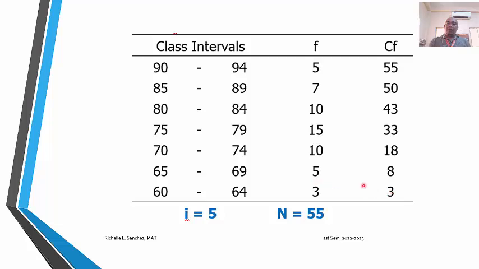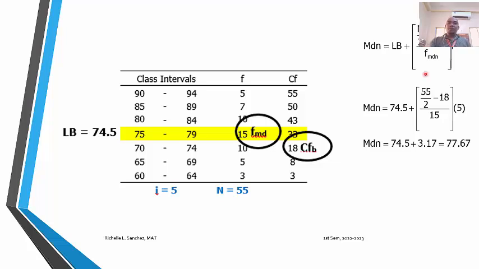And then we add 3 to 5, or we add 5 to 3, and we get 8. So 8 plus 10, we get 18. 18 plus 15, that is 33, plus 10, that is 43, plus 7, that is 50, plus 5, and that is 55. So this is how we construct our cumulative frequency column.